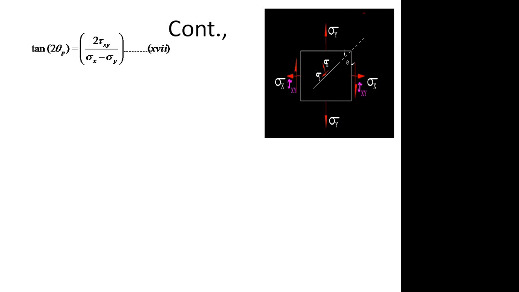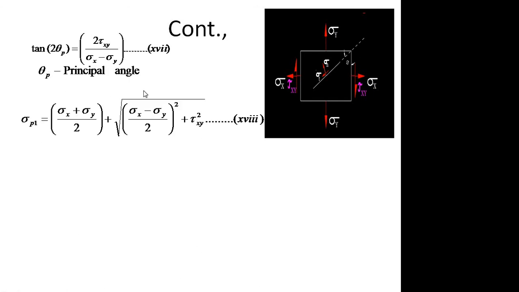So by either of these two methods, we can derive the equation for finding the position of the principal plane. So this is the equation, where theta p is the principal angle. This is the angle measured from the vertical axis, the y axis, remember that.